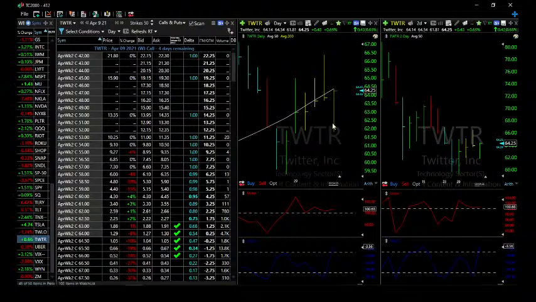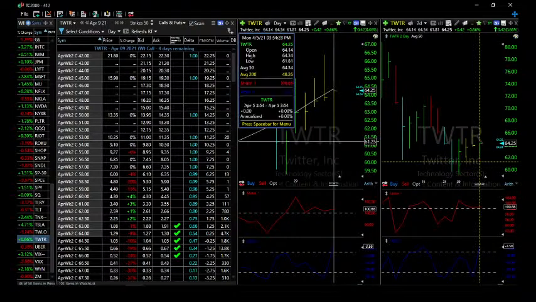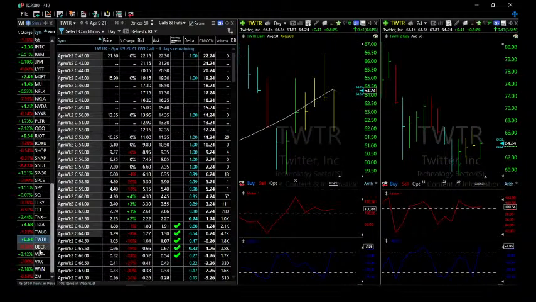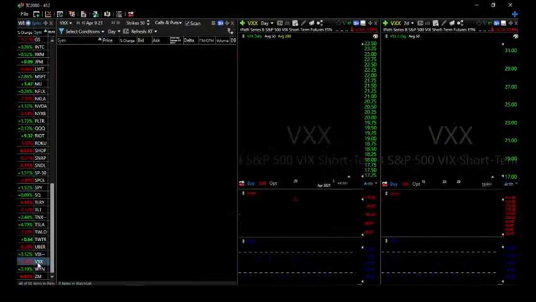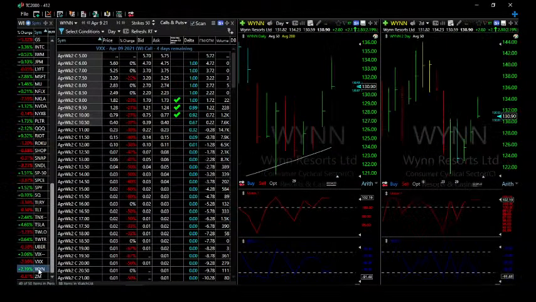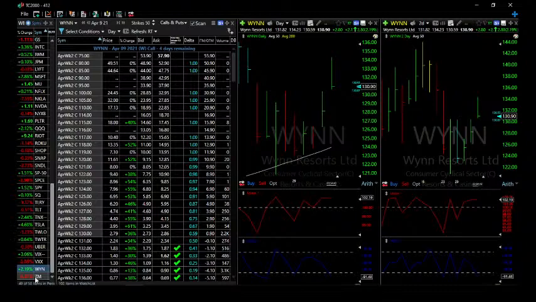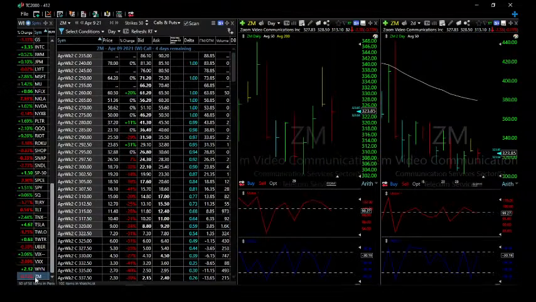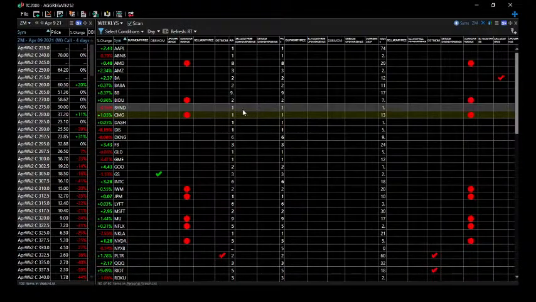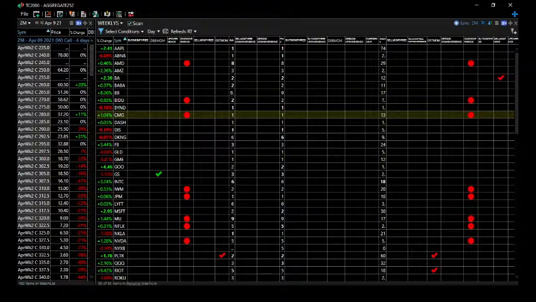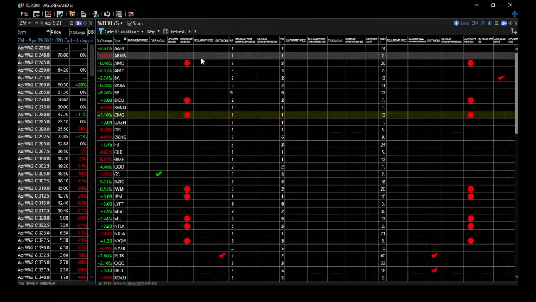Twitter. So I like to go through each one, and then I'll go back to the scans. And while I'm doing this, I'm still looking at the charts on my opposite screen. I have two monitors.